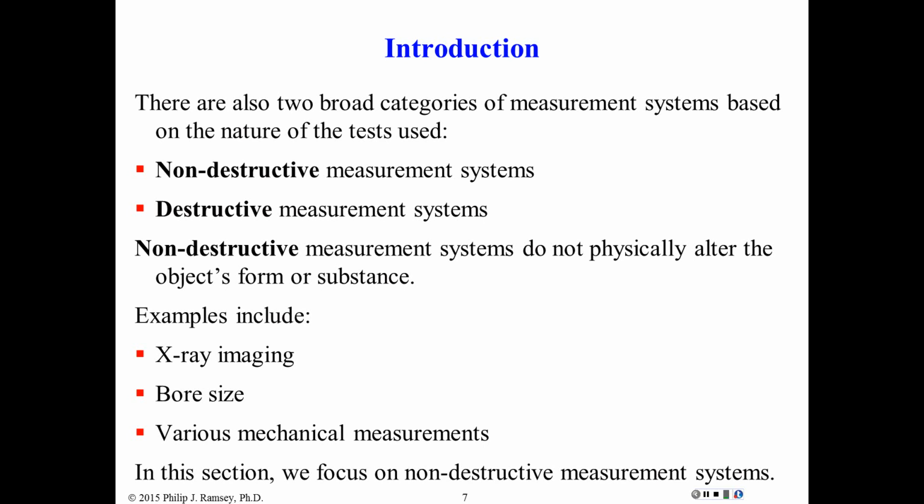So the problem is, with a destructive measurement, you cannot measure the unit more than once. An example, if you're measuring the breaking strength of some material, well, you're going to break the sample, and when you break the sample, you can't obviously test it again. So we can't do what we call repeatability.